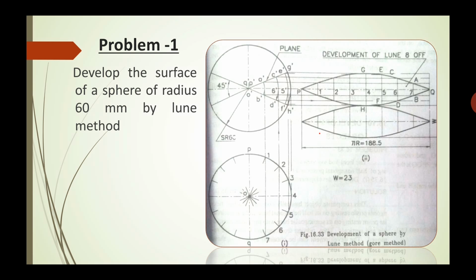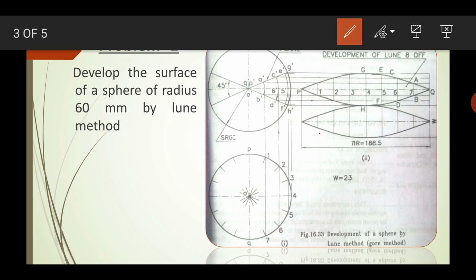In the front view, you can see there will be q dash p dash in the center. What exactly it means is that O is the center point when you see it from the top view. When you see it in the top view, you can see that P is on that side, Q is on this side, and O is the center point. I hope you understand. This will be the axis.